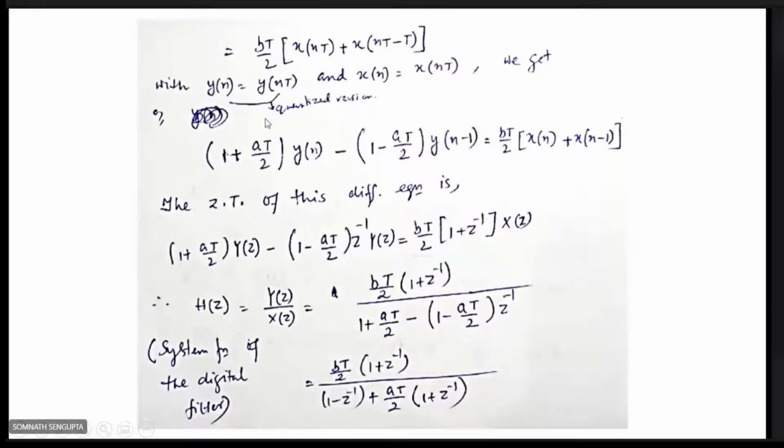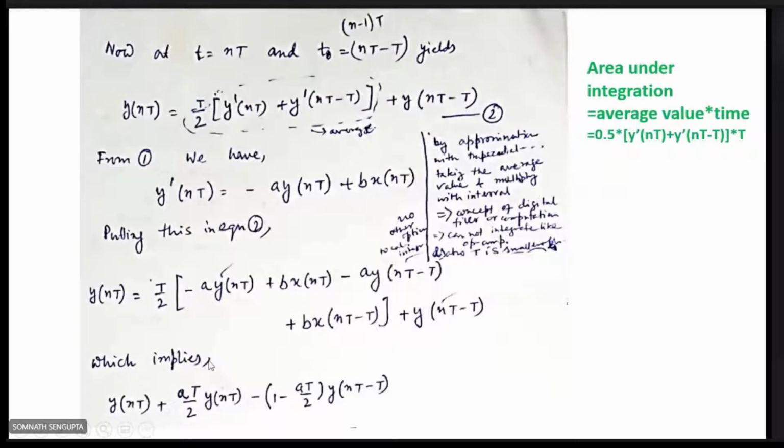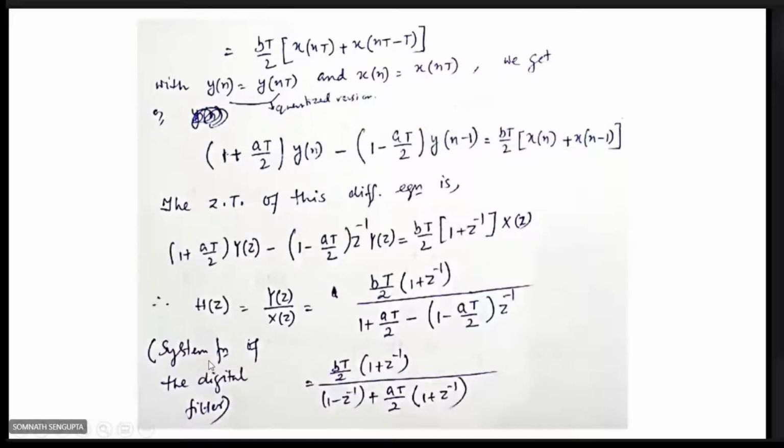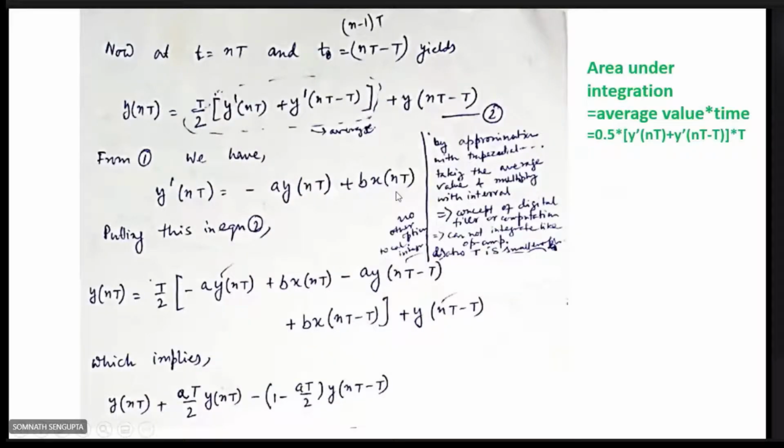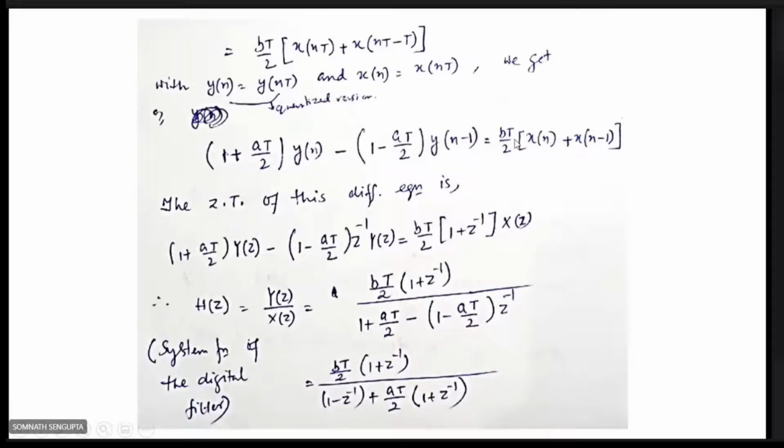With the notation y nT equal to yn, the quantized value, and x nT equal to xn, we get this function: (1 plus aT by 2) yn minus (1 minus aT by 2) yn minus 1 equal to bT by 2 into (xn plus xn minus 1). Now you take the Z transform of it.